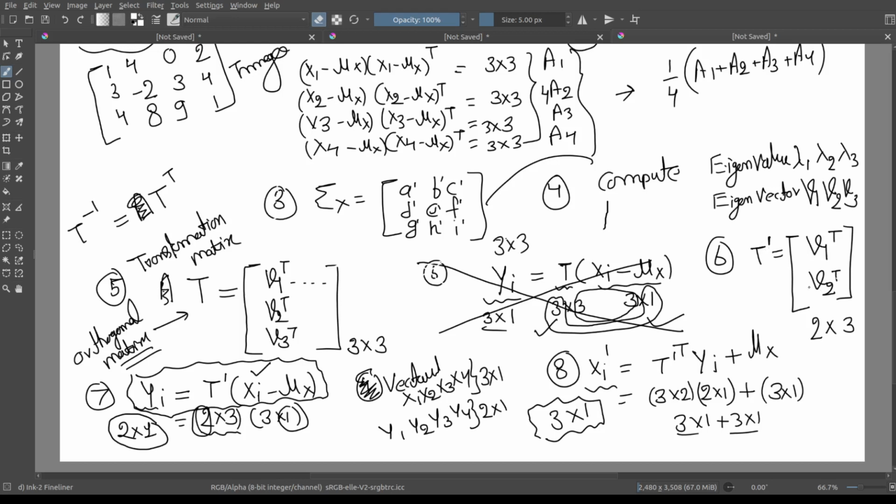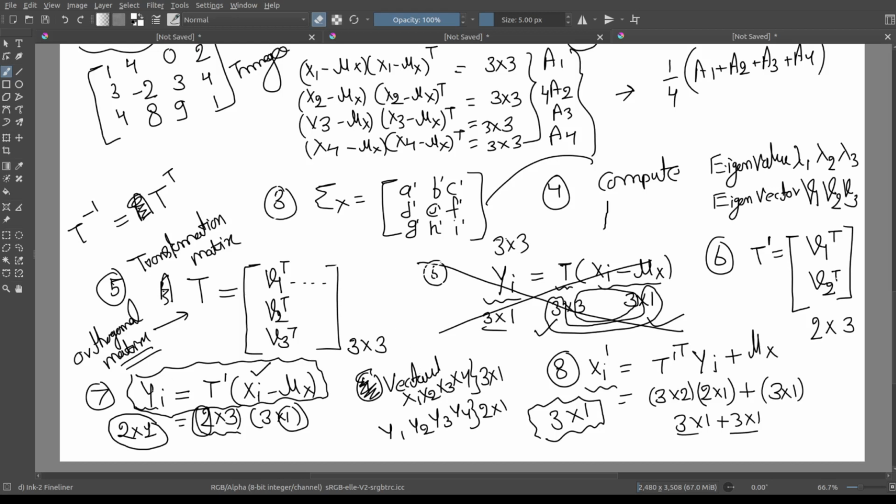It will be 1 cross 3, 1 row 3 columns. Okay, means I am ignoring V2 transpose and V3 transpose, these two rows. So I only get T double prime as a new transformation matrix, that is nothing but V1 transpose of size 1 cross 3.